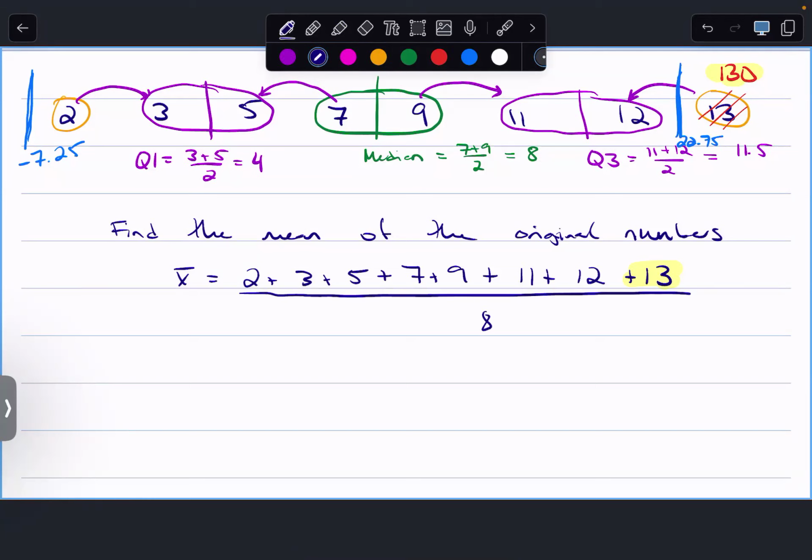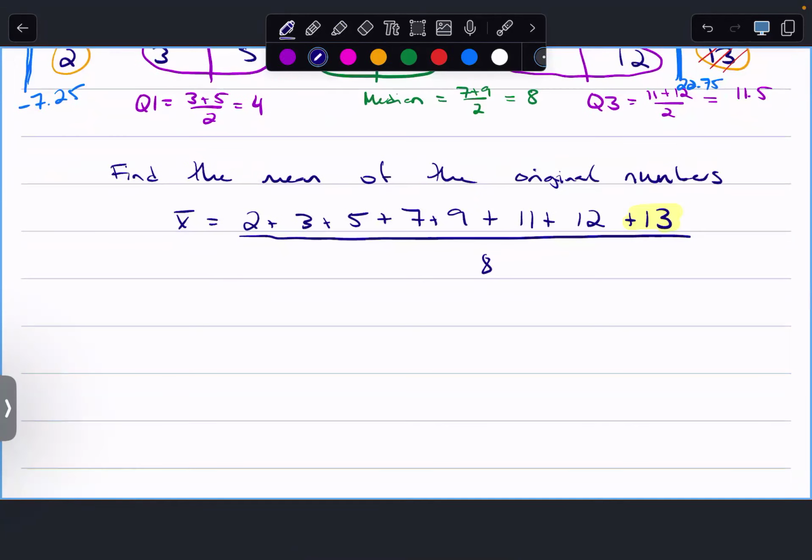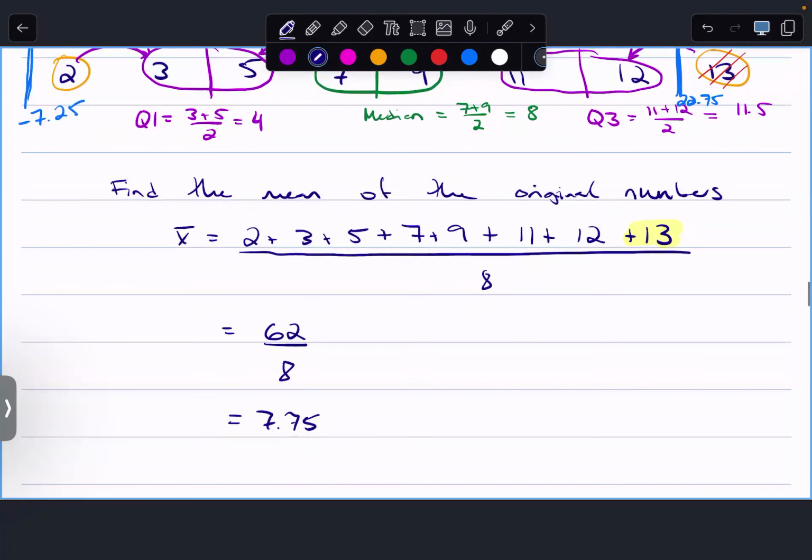What is that? Has anyone done it? Should I do it? No one's done it. 2 plus 3 plus 5 plus 7 plus 9 plus 11 plus 12 plus 13. I get 62 divided by 8. So I get 7.75. Couple of notes here. 7.75 is pretty close to 8, which is what we found, right?